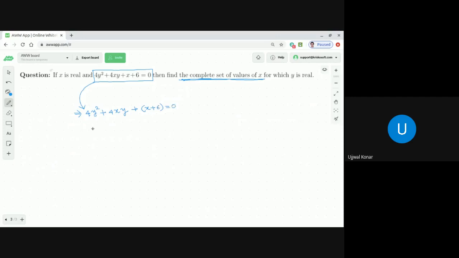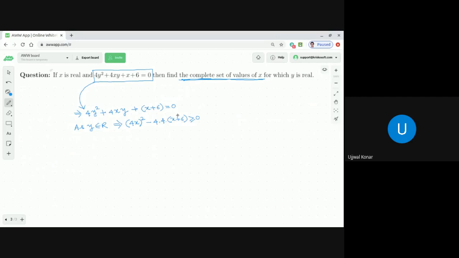Now as y is real, as y belongs to the set of real numbers, that implies the discriminant must be greater than equal to 0. What is the discriminant? B square minus 4ac. B is 4 into x, whole square, minus 4 into a, which is 4, into c, that is x plus 6, greater than equal to 0.